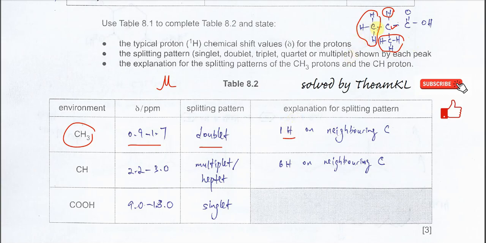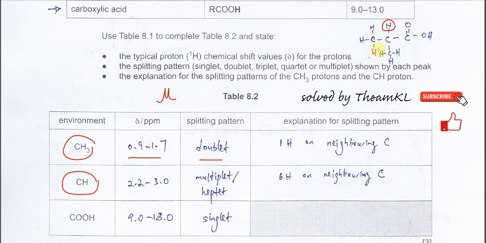Okay, another one is the CH. Now we need to switch the position and focus on this proton, the CH here. For this CH, we need to know which protons will couple with it. So we go to the adjacent carbons.